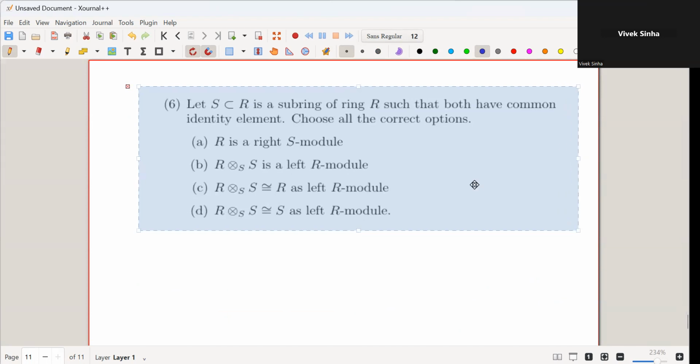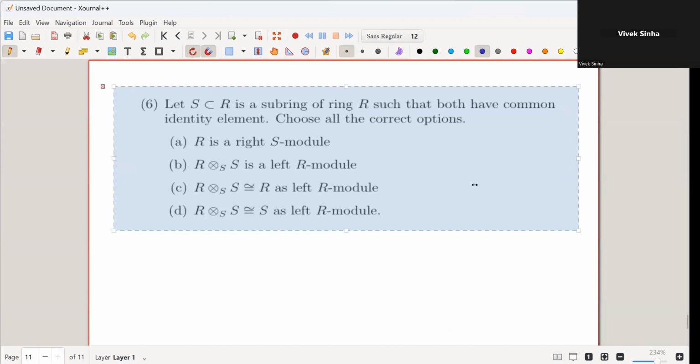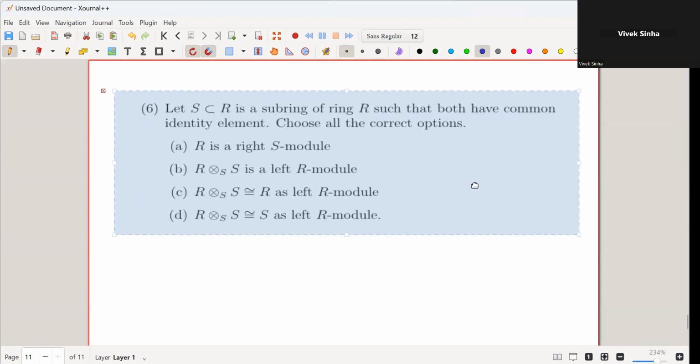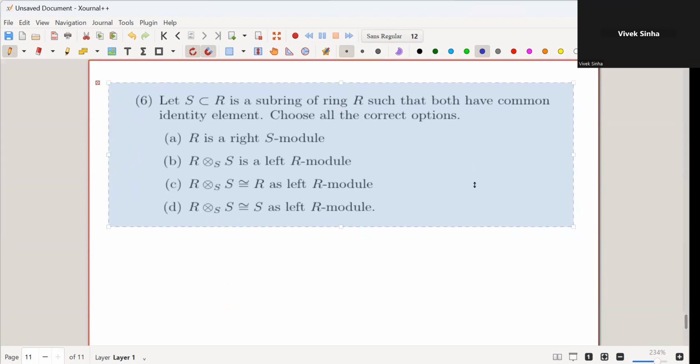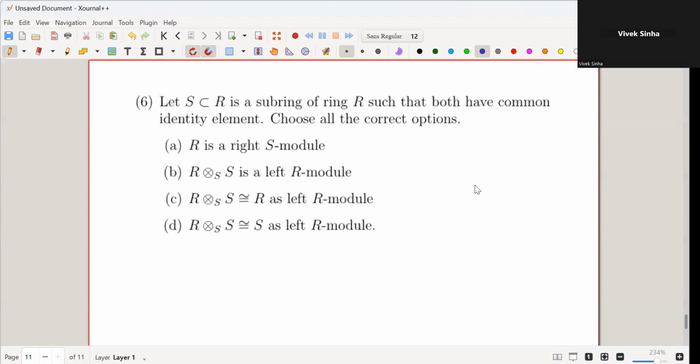Really running out of time. So yeah, it says let S subset of R be a subring of ring R such that both have a common identity element. Choose all the correct options.